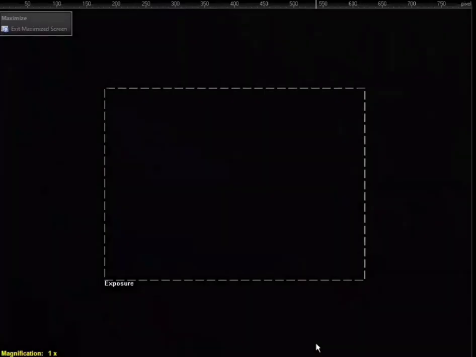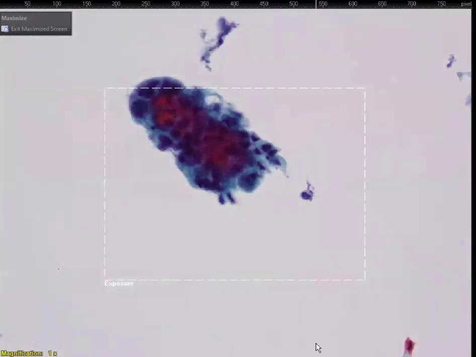Rather than any other option. Everybody okay with this? Or do you need to see some really abnormal squamous cells still? Which would be nice, but we're suspicious for squamous.